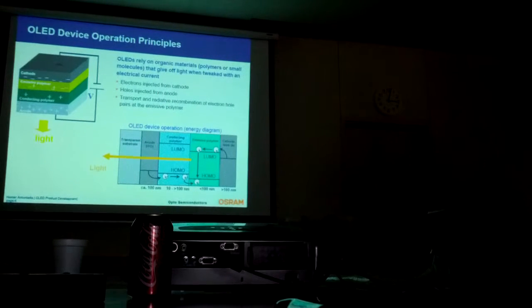So, anyway, bottom line is you can see what's happening here is this is where the holes and electrons combine. They generate this static charge which emits photons or light.